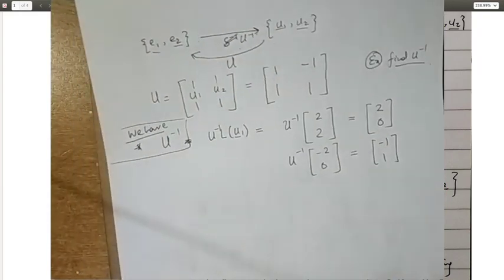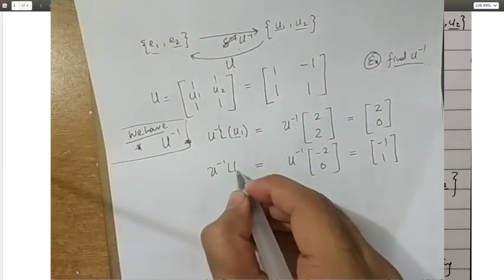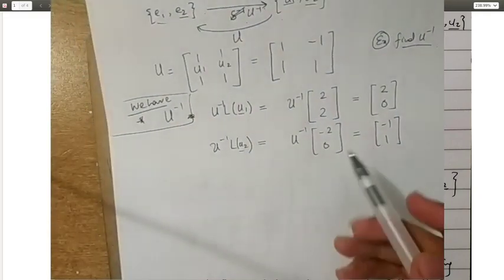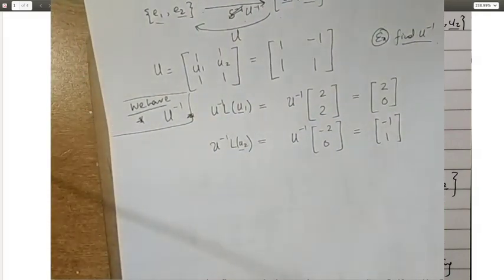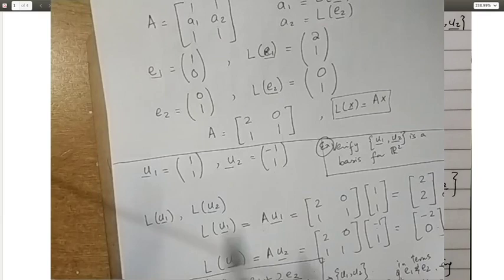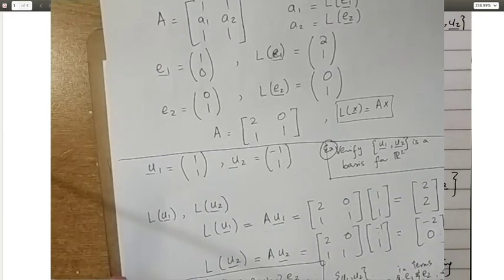And so now this entire process, U inverse L, is something that has allowed you to represent the linear transformation in terms of the new basis. Notice that you started off with basis vectors in terms of U1 and U2, and you've ended up with basis vectors in terms of U1 and U2.